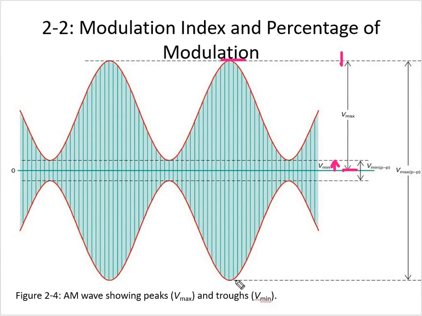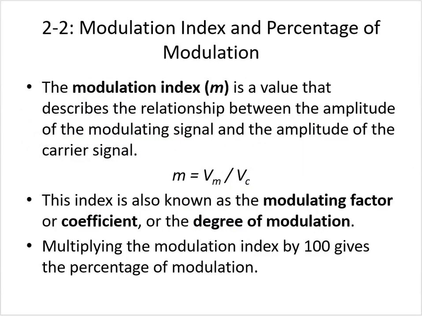Okay, from peak to peak, Vmax peak to peak, and then Vmin peak to peak means from minimum to minimum. अच्छा, अब ये है हमारे पास मुकम्मल मॉड्यूलेशन की वेव फॉर्म है, और इस टाइप ऑफ वेव फॉर्म को हम कहते हैं एनवेलप.